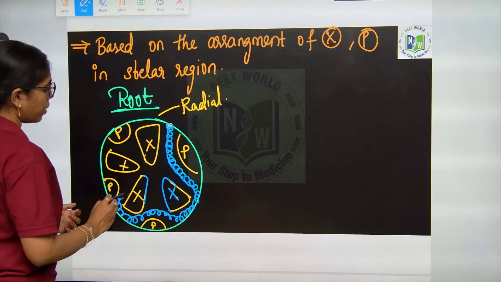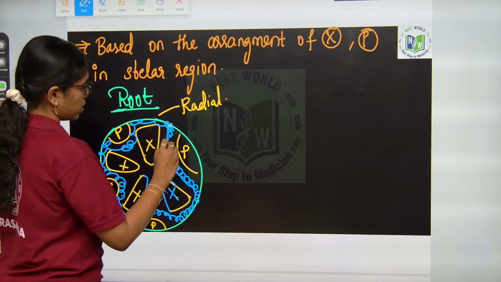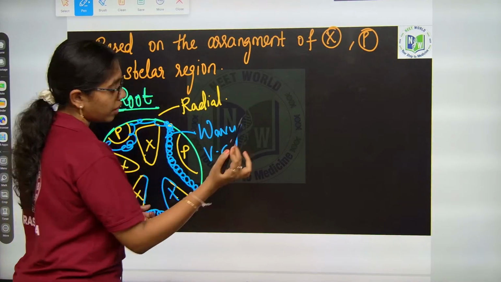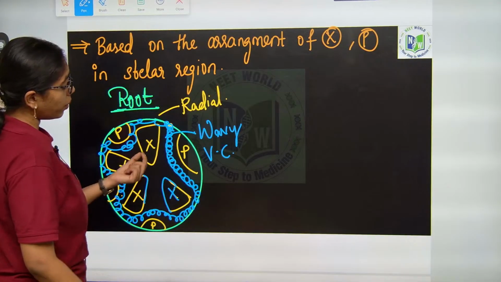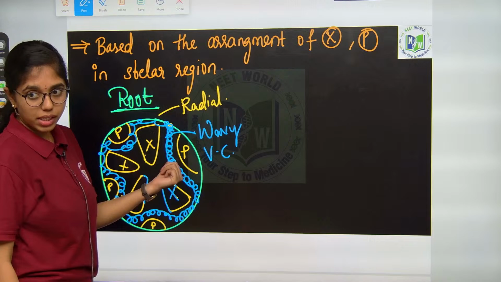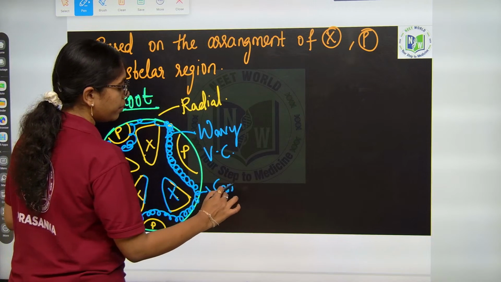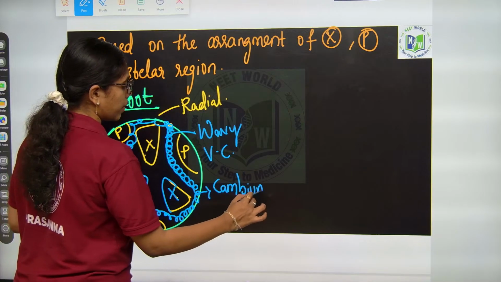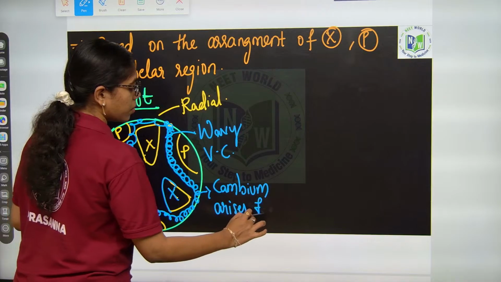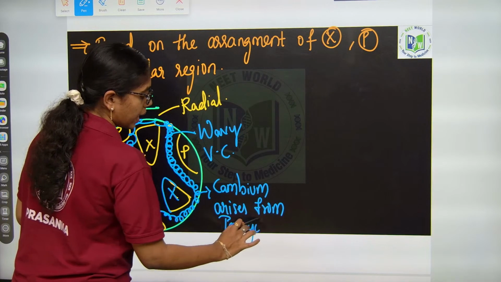So a wavy cambium can be observed in between xylem and phloem like this. What is this? Wavy vascular cambium, formed in between xylem and phloem, where a few of the conjunctive tissue cells become meristematic, and this wavy cambium arises from the pericycle.